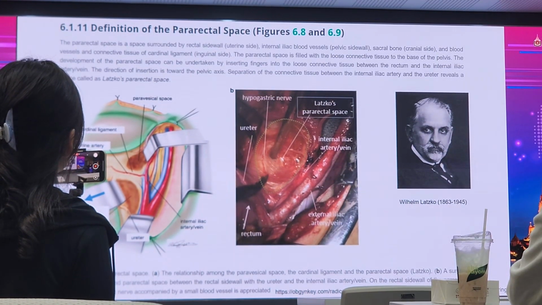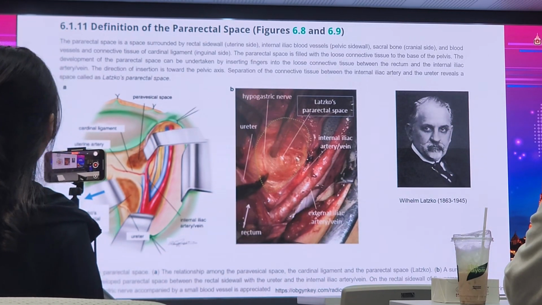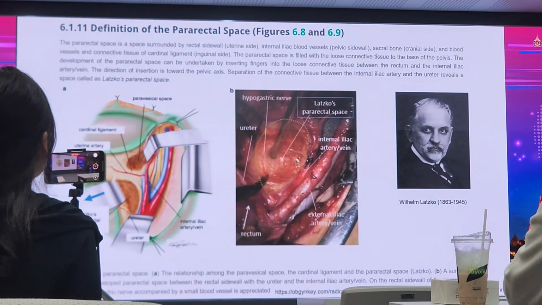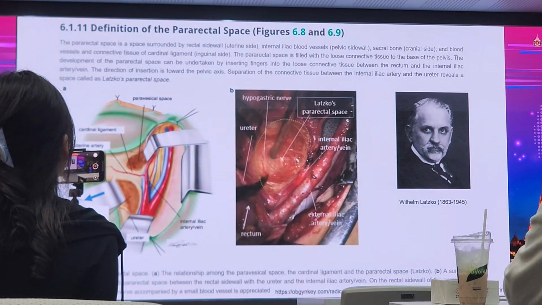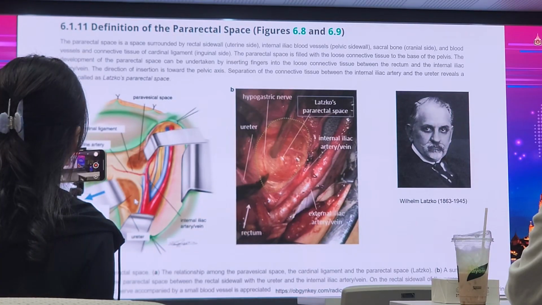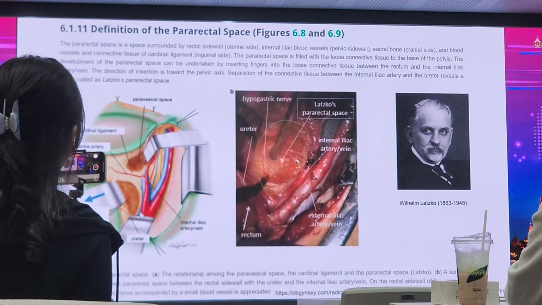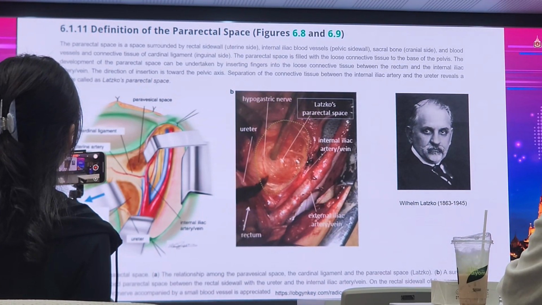He invented some urogynecology procedures, which the urogynecologists might know very well. However, regarding the lecture, he identified the pararectal space. This is the relatively easy one. It is just behind the uterine artery, medial to the internal iliac artery, and the structure here is the ureter. And if you push the ureter away, this is the pararectal space.